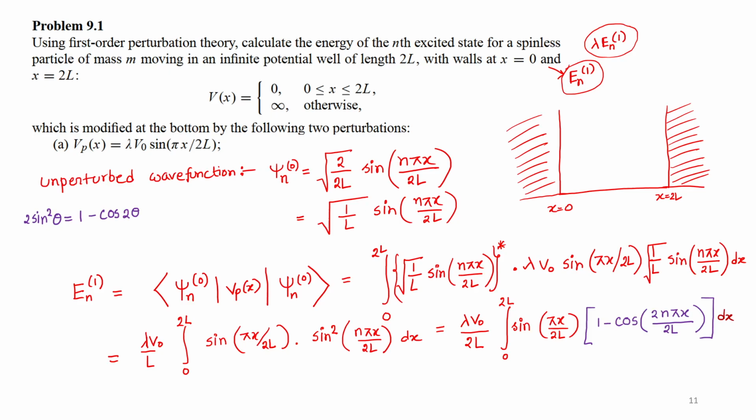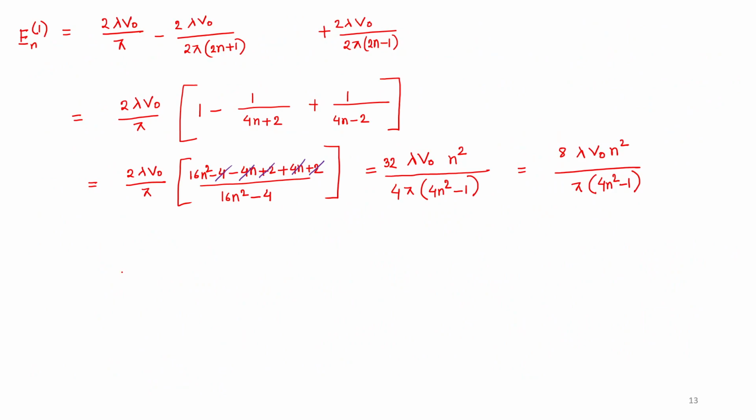So calculate the energy. See here, what is the energy when the system was unperturbed? So that was n square h square by 8 m a square, because now it is L dash, right? Actually, it will become L square.